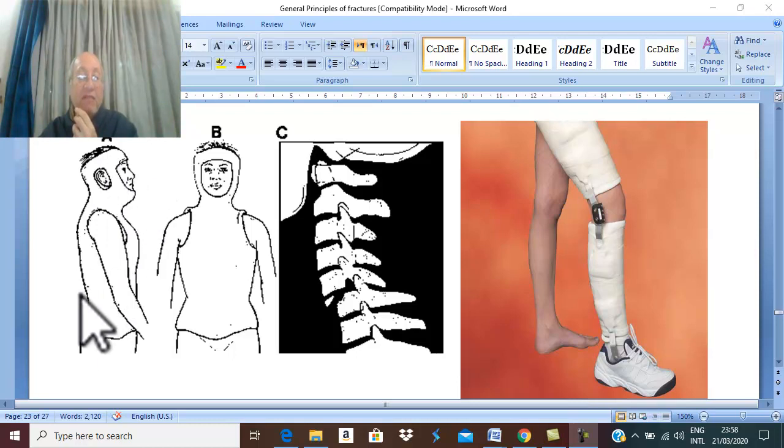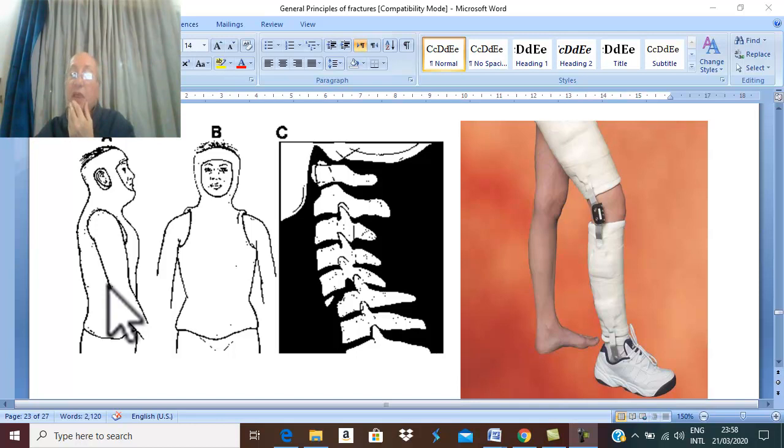This is a Minerva. Fixation of the head and cervical spine like a collar, and with a jacket at the same time, is called Minerva. And this is replaced nowadays by orthosis, as we will see in fracture of the vertebral column.